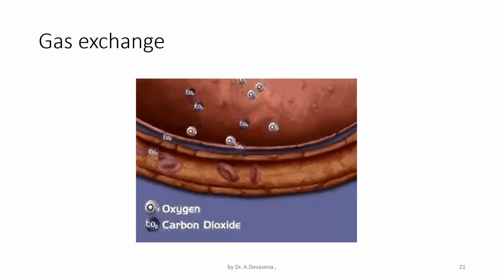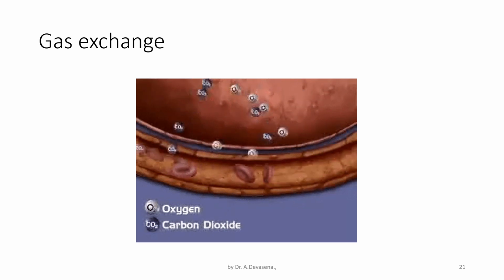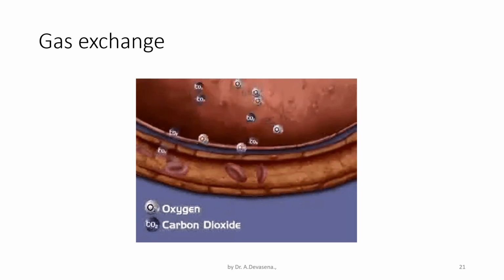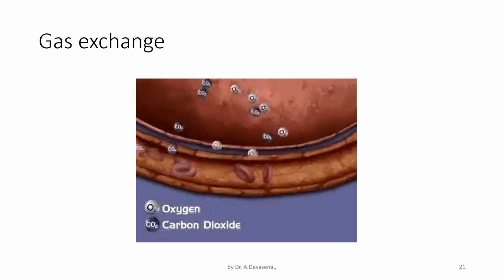The transfer of gas takes place in the lungs, and the carbon dioxide that is present in the blood gets removed and the blood gets purified by the oxygen. Now, the blood contains a rich amount of oxygen that is carried by the pulmonary vein. This is represented here.